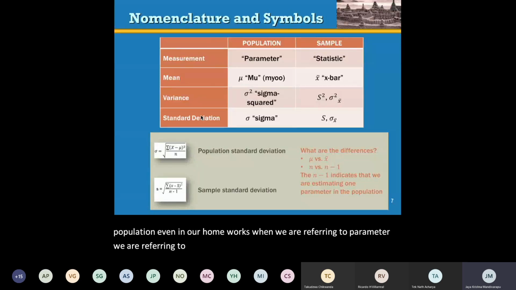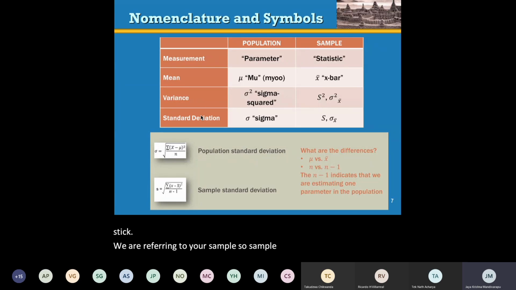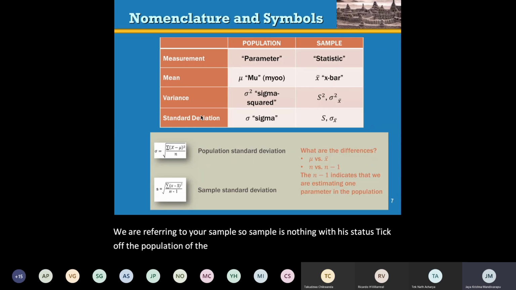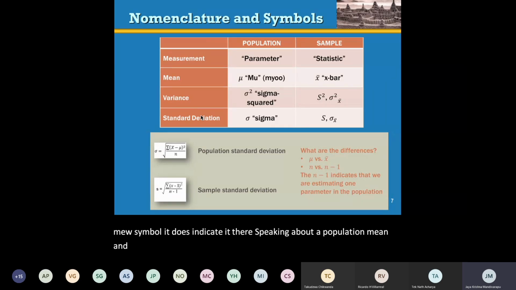And when we refer to something as a statistic, we are referring to a sample. So a sample statistic is an estimate of the population parameter. Whenever you see the capital mu symbol, it indicates a population mean, and whenever you see small x bar, you are referring to the mean of a sample.